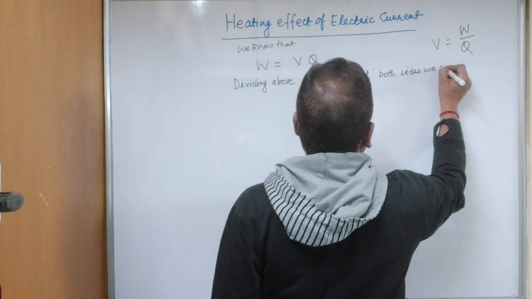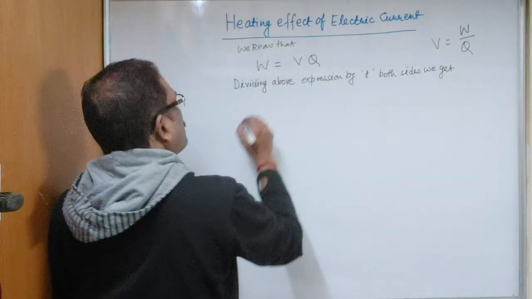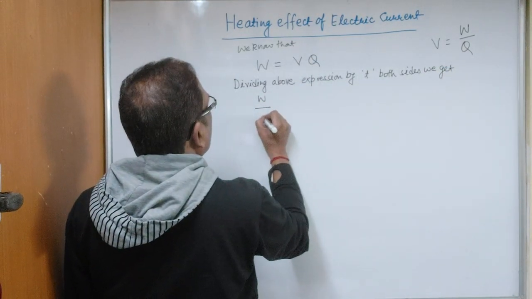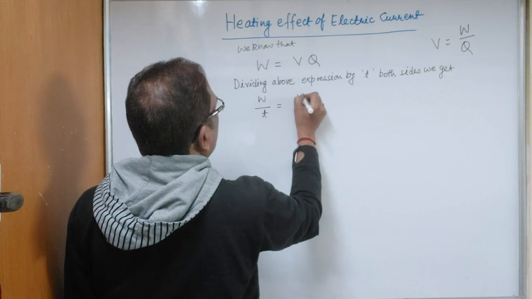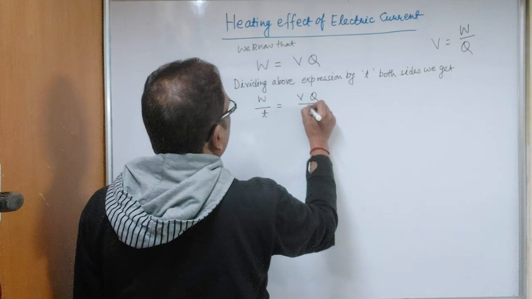We get W by t is equal to V into Q by t.